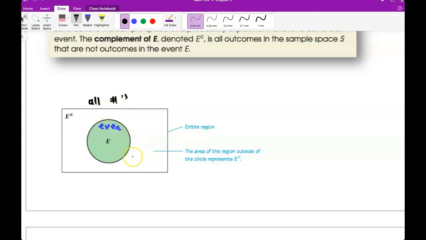So all numbers that we have. And here on this part we have the complement of E, meaning that I'm not going to have the numbers that I have inside the circle outside of that range. So on this part I have odd numbers.